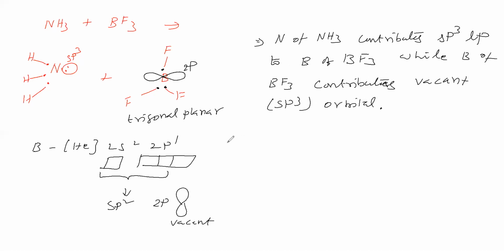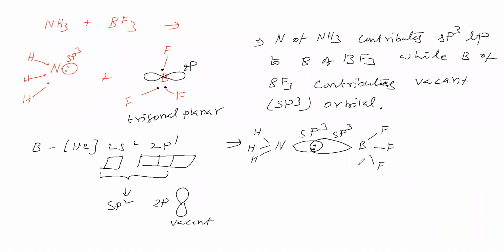Okay, now we will see. This nitrogen contributes a lone pair in an sp3 orbital, and in nitrogen 3 hydrogen atoms are present. Boron contributes a vacant sp3 orbital, and in boron 3 fluorine atoms are present.